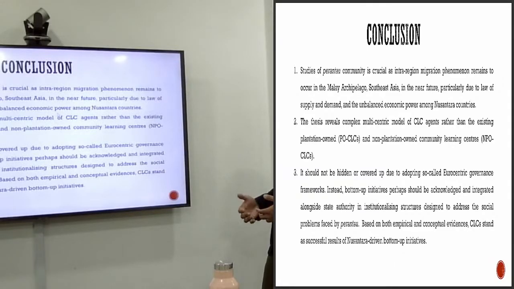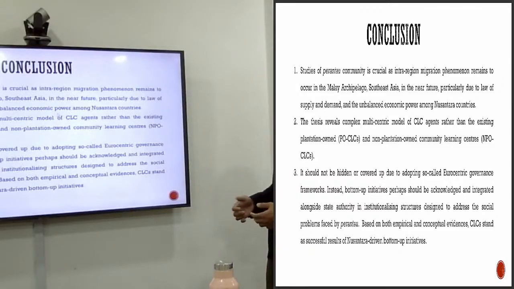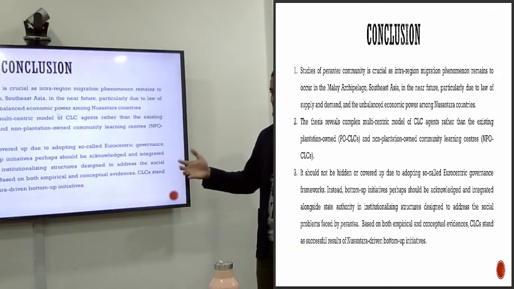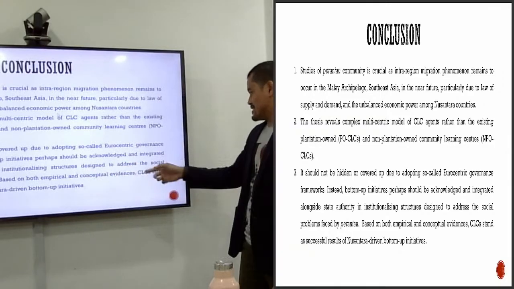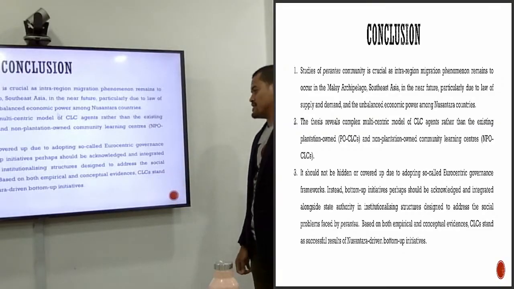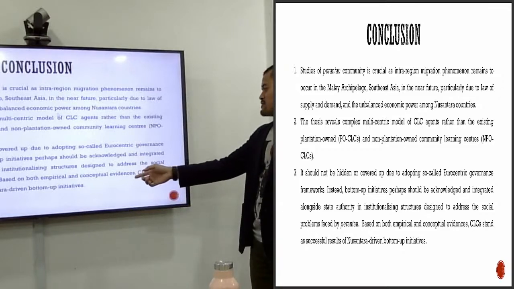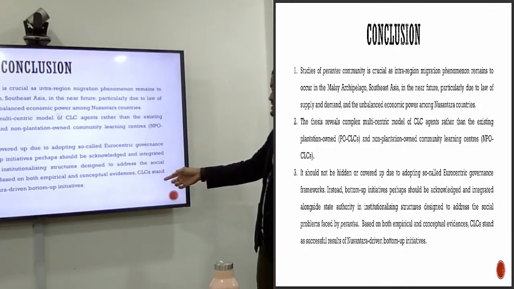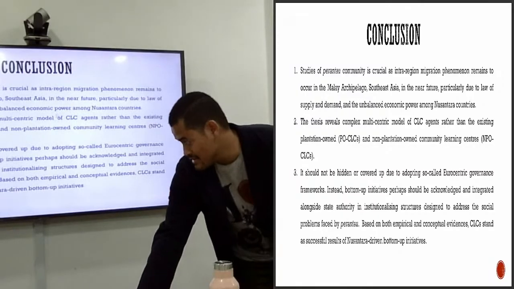Instead, bottom-up initiatives perhaps should be acknowledged and integrated alongside state authority, which I use the term institutional power, in institutionalizing the structures designed that can address the social problems faced by perantau. So based on both empirical and conceptual evidence, CLCs stand as successful results of Nusantara-driven bottom-up initiative. So that I end my presentation.